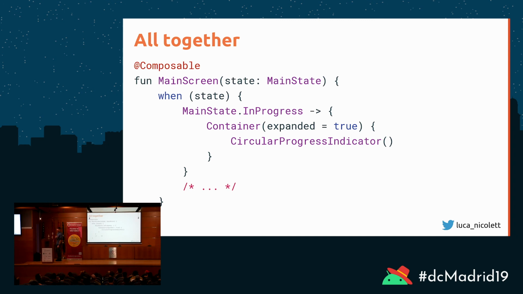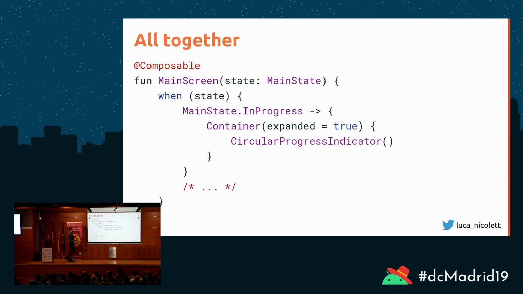So the main screen function I showed you earlier is a composable function. And let's say that we're using some classes, so different instances of this view state. This function just goes through every possible instance of this state and draws, using other composable functions, what actually is needed on the screen.